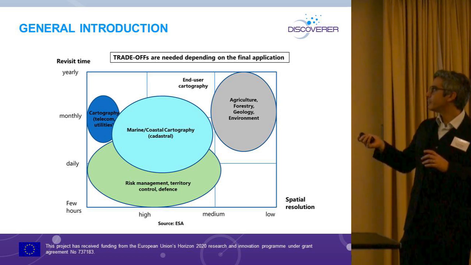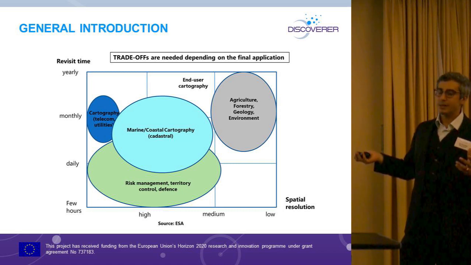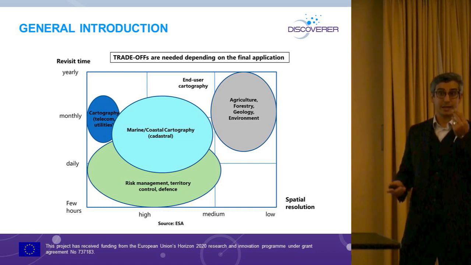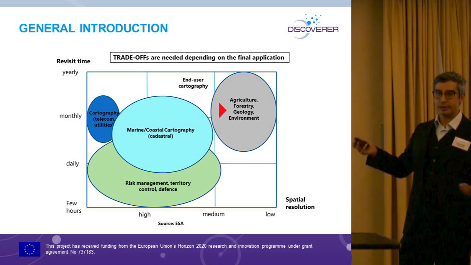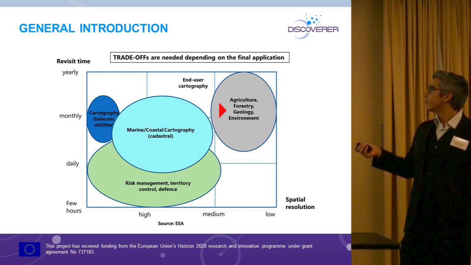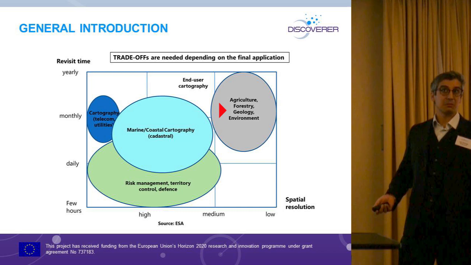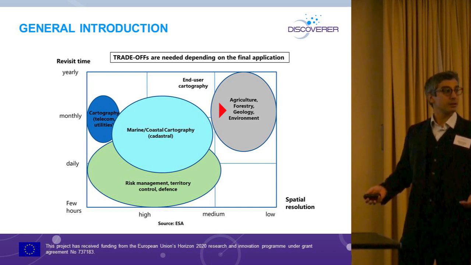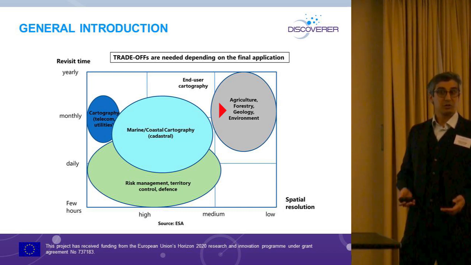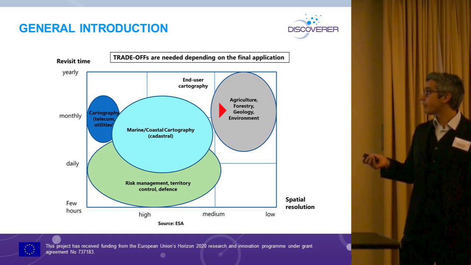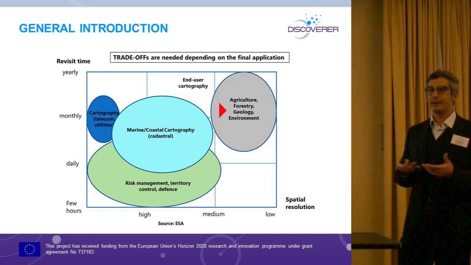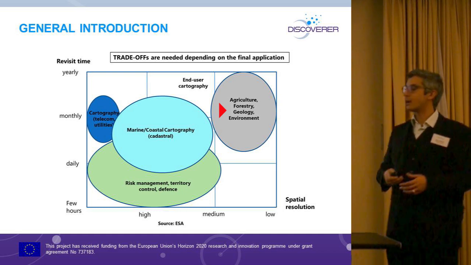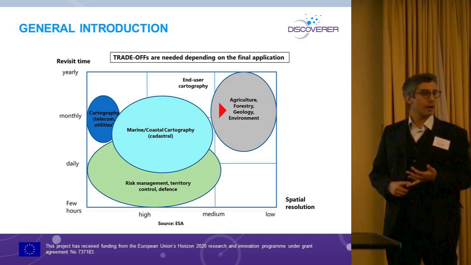So if we take into account what is needed or demanded by applications such as agriculture, forestry, geology, etc., most of these users will need images around 5 to 15 meters of ground resolution with not a high revisit time required. Basically, on average, they will need neither high revisit time nor high resolution.